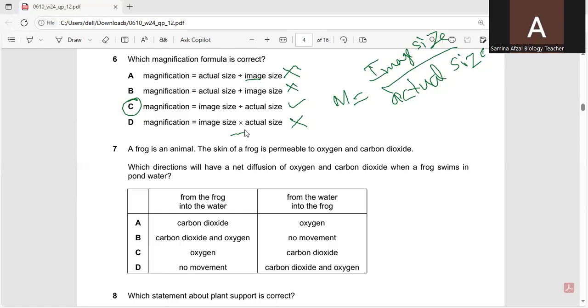So its skin is slippery and permeable for the diffusion of gases, so exchange of gases will take place there. When it is in water, the carbon dioxide will move into the water from the surface of the skin.